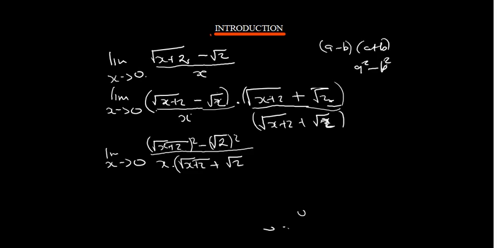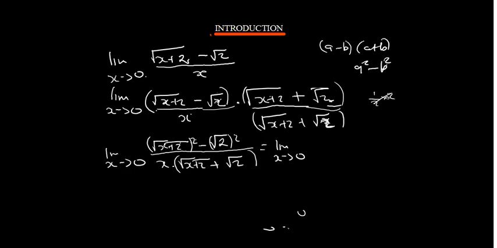From there we can simplify inside. It will be the limit as x approaches 0. We can simplify further by squaring this: the square will cancel the root, and the 2 will cancel there.